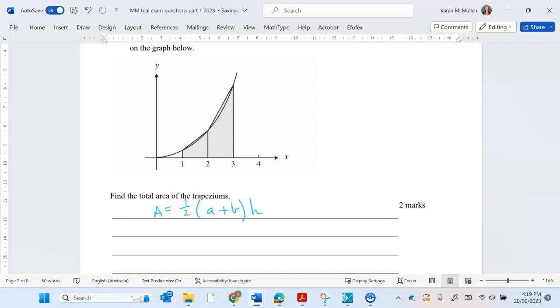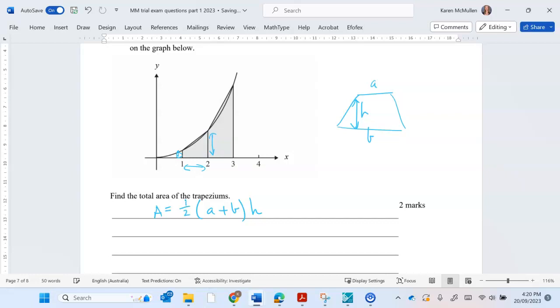For your trapezium formula, A and B are your parallel sides. I might just draw a trapezium here. It doesn't matter which is A and which is B because you're adding them together, and then there's the height of your trapezium. Here our height is that distance, so it's 1 in this case. It doesn't matter about the h because it's 1.